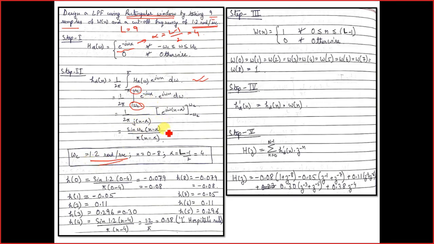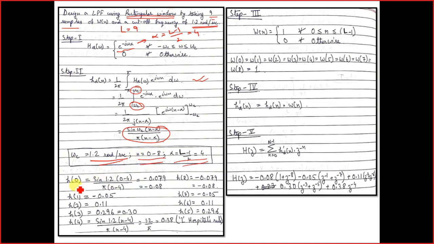So you can solve the integral and get the expression over here, and then n is equal to 0 to 8, because we are having 9 samples and our alpha is equal to 4. Once you have done this, you just put the values of n and alpha over here.